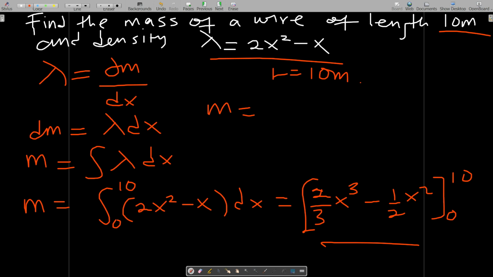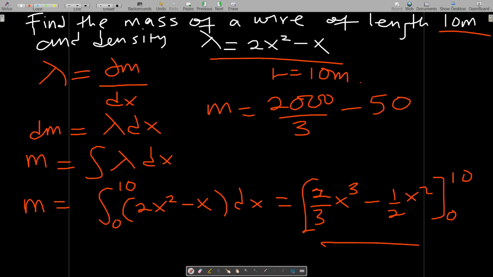In other words, I can write it as 2000 over 3 minus half of 10 squared, and half of 100 is 50.